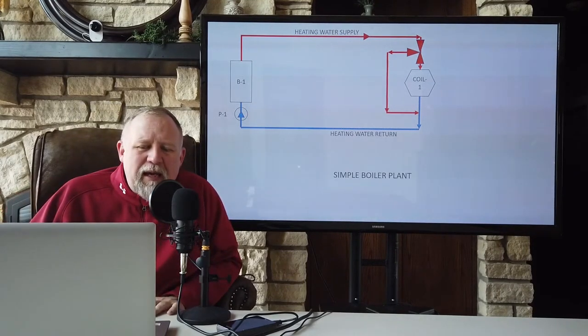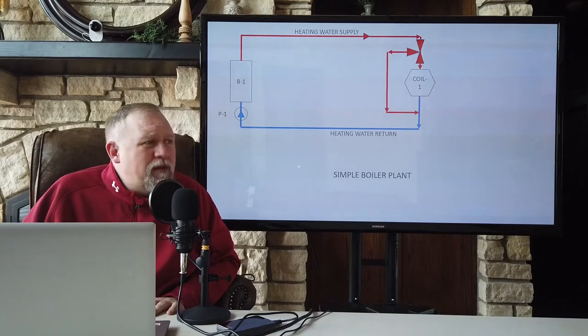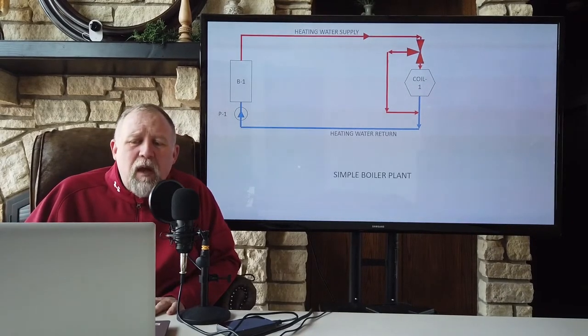And you need a heating water return temperature of less than 120 degrees to get that boiler to start condensing and operating at the higher efficiency.